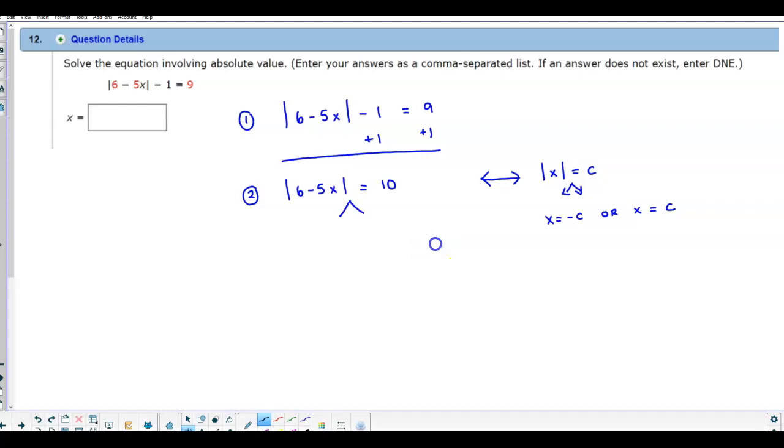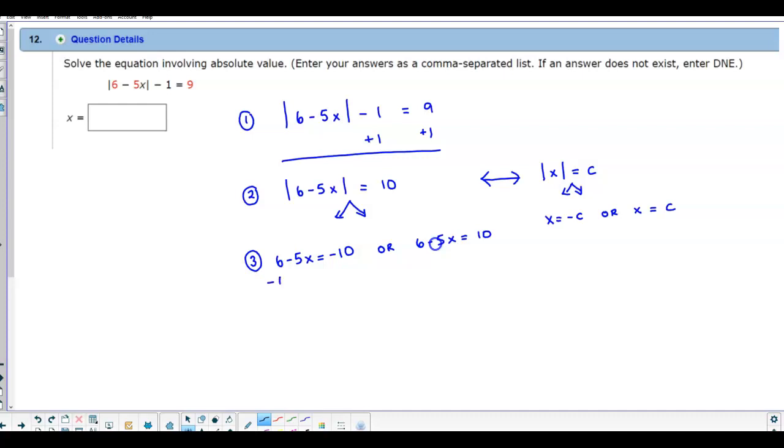So for this one, we're going to have two equations. The first equation is 6 minus 5x, which is equal to negative 10, or 6 minus 5x, which is equal to positive 10. And now we're going to solve both equations for x.